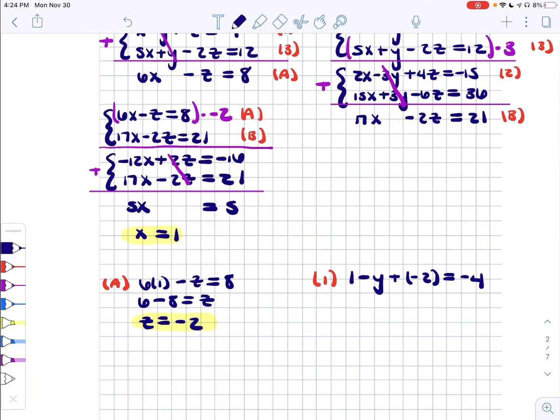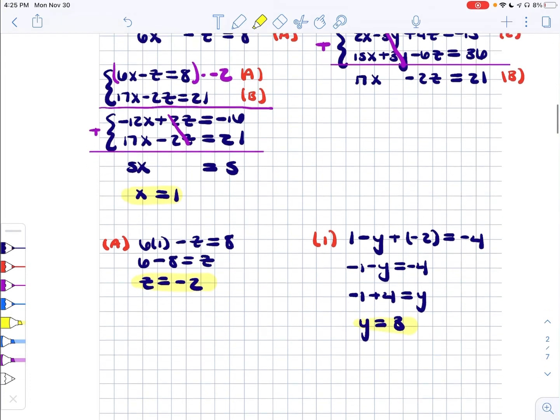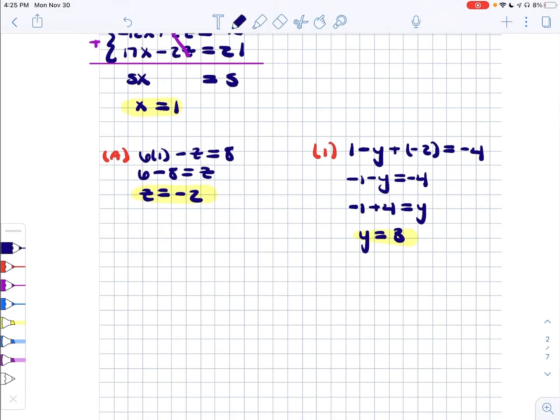So that would be negative 1 minus y equals negative 4, or negative 1 plus 4 is equal to y, which means y is equal to 3. All right, and then just putting our variables together, just x, y, z, we'll have 1, 3, negative 2 as our final answer.